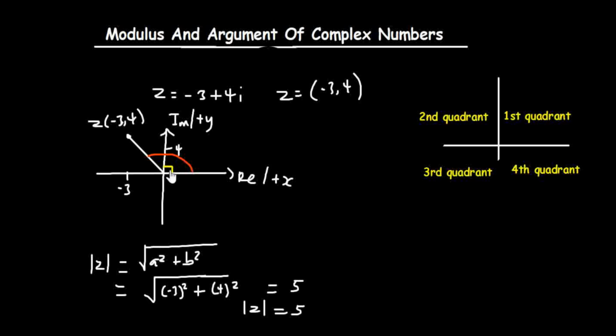And also we know that the angle from this point to this point is 180. So you can calculate the angle here, let's name it angle C, and then subtract it from 180. Then that'll give us the argument for this complex number z here.